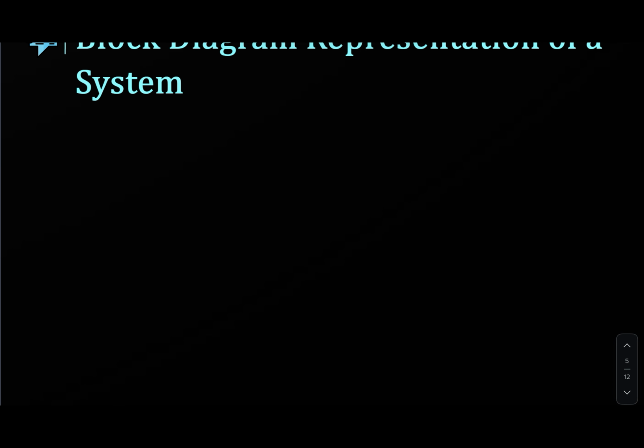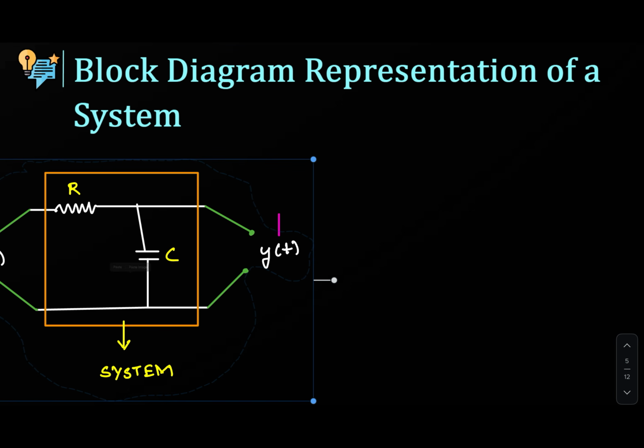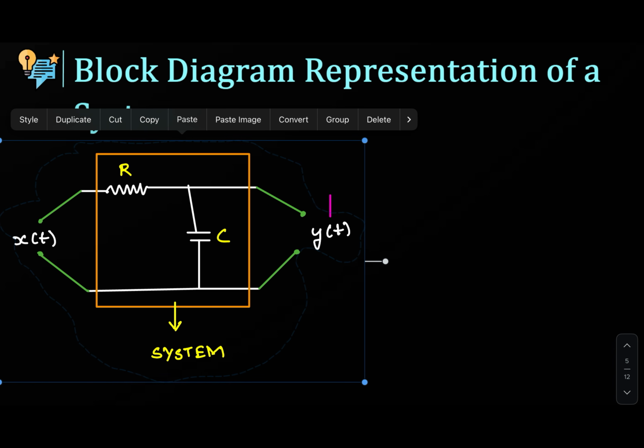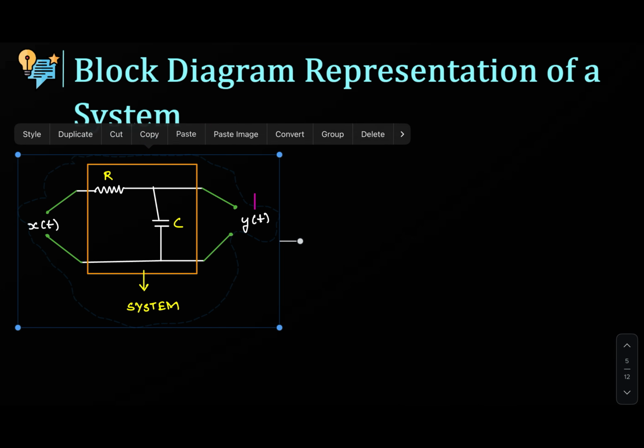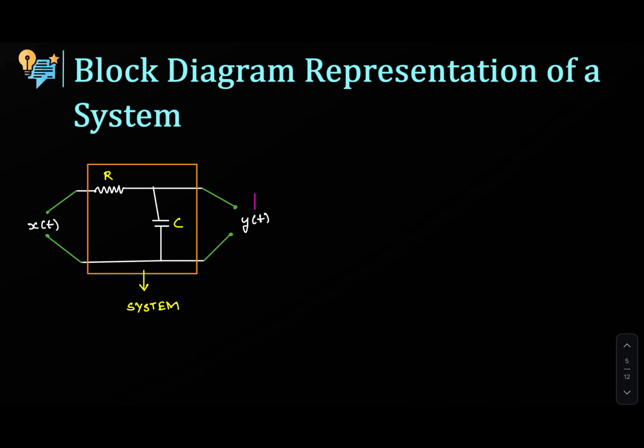Now we will see the block diagram representation of a system. So we know we are having a system. So this is our system. In order to make it into a block diagram, we will represent a system with a block.